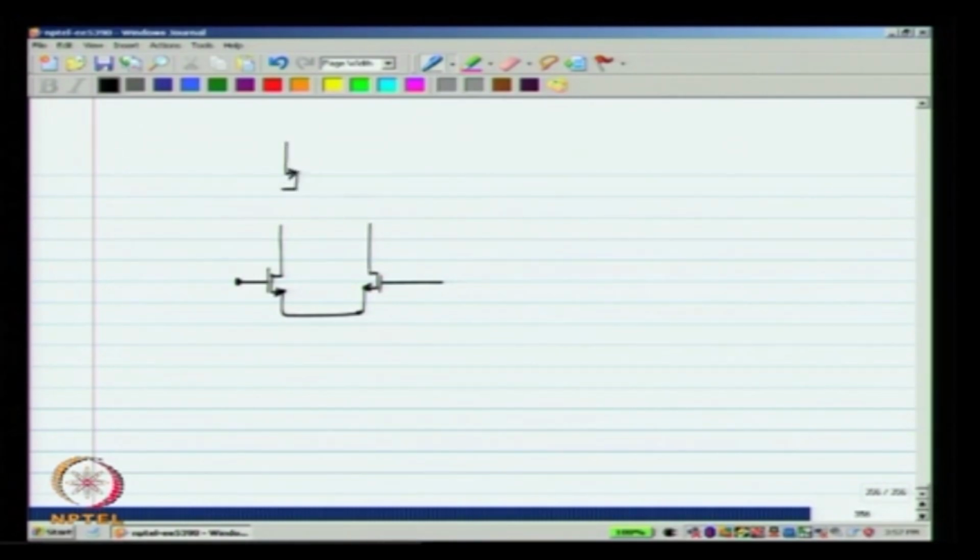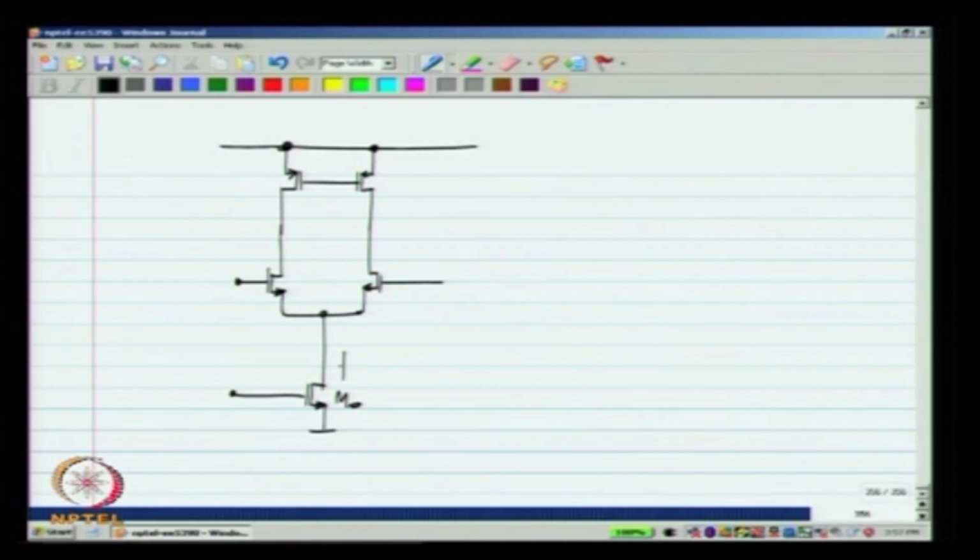Now, let me consider the two stage fully differential op amp again. And let me go back to the topology where the current source here carries a current I naught, which is exactly the tail current required for the differential pair.